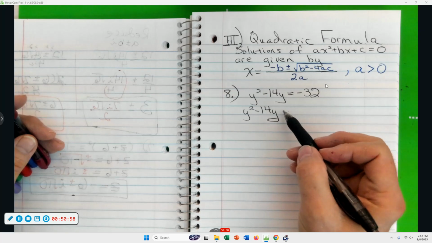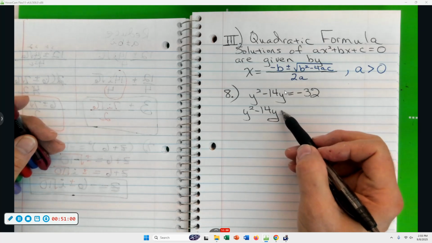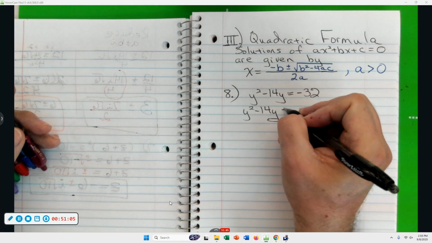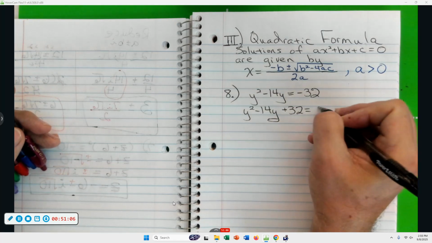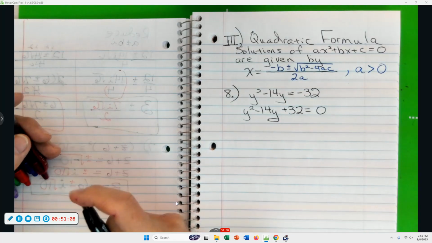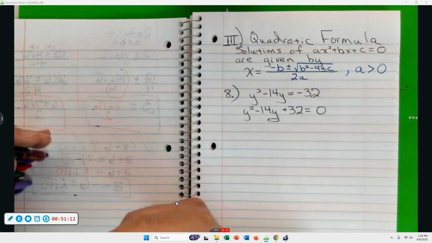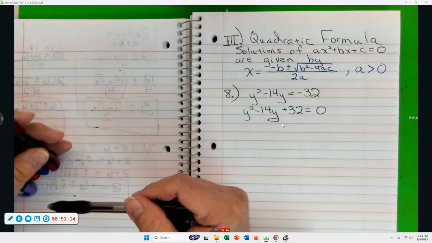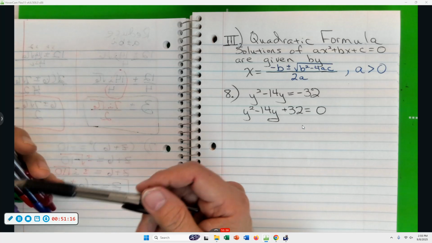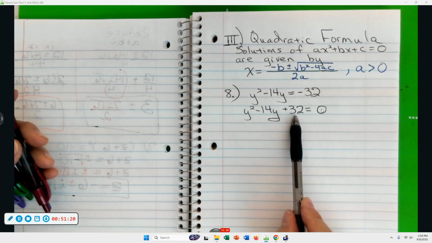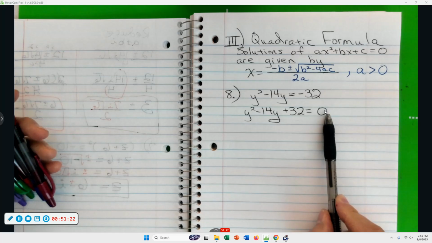What am I about to write? A positive 32 is equal to 0. You'll need to move the terms around. If you're going to use the quadratic formula, you have to move the terms so that you have descending order on one side and 0 on the other.